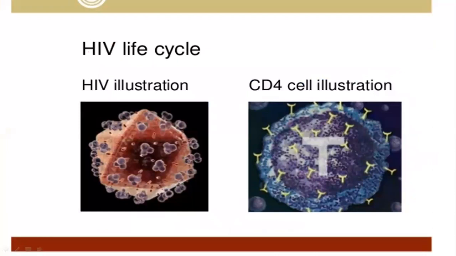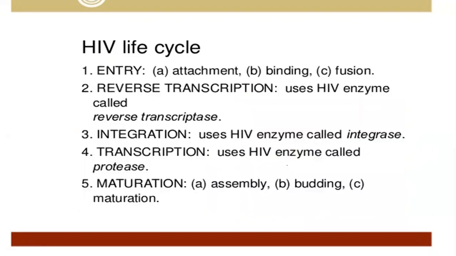Now let's talk about the HIV life cycle. This is the virus, HIV, which has GP proteins on it, proteins 120 and 41. And here we have CD4 cells in which these receptors are present, which bind with these proteins, and HIV gets incorporated into the T cell.